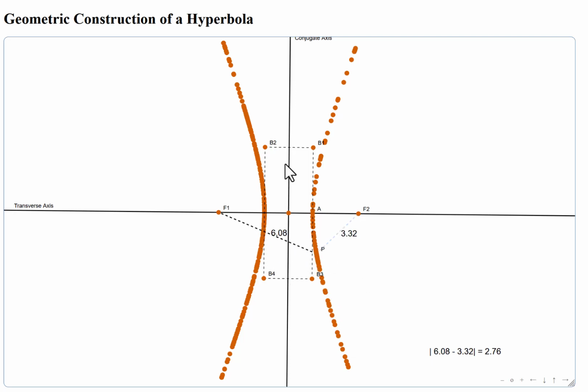Now this is a very steep hyperbola, but if you kind of imagine a line passing through B2 and B3, it would give us those asymptotes. And these points are approaching those asymptotes, and the other one here going from B1 to B4 as well. So that's how the hyperbola is constructed.